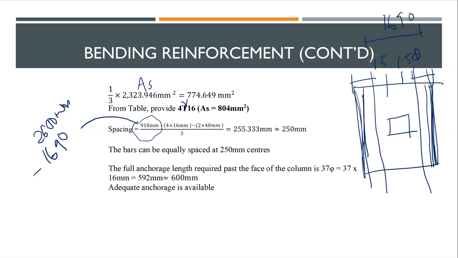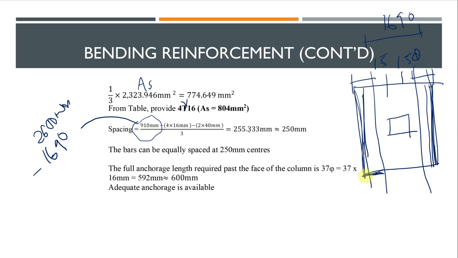So times 2 times 40, there must be concrete cover because this is what you calculated at the edge. So you divide by 3, because 4 numbers of bars minus 1, and you get 255, which you round down, because for spacing we always round down, never round up. Closer is better, not wider. So this is the maximum value, it must be lower. So the bars can be equally spaced at 250 mm center.